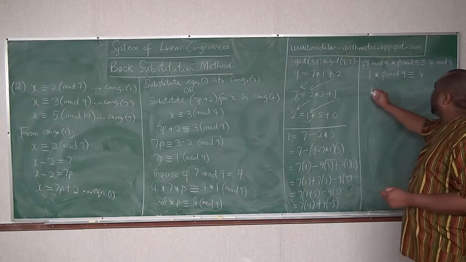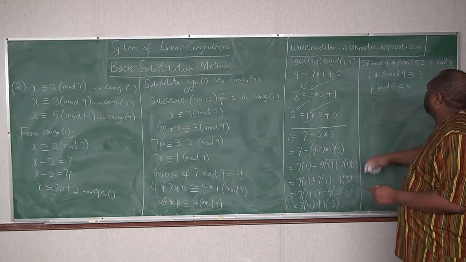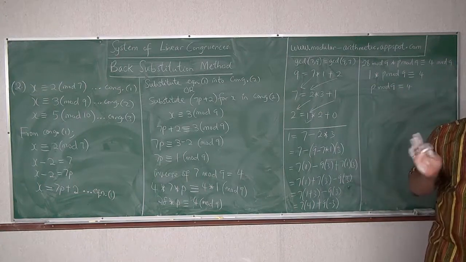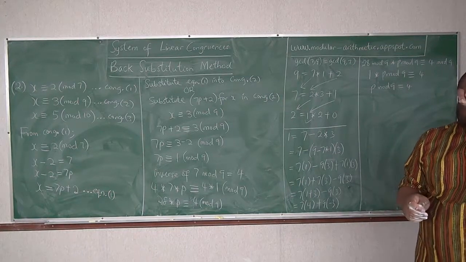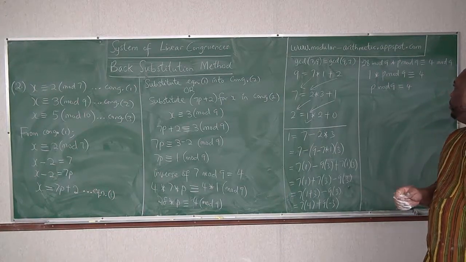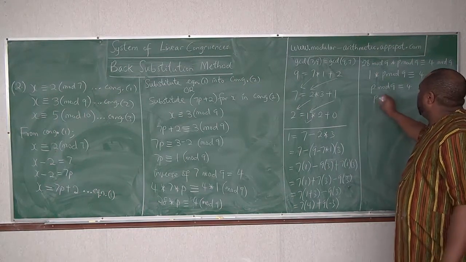So P mod 9 is congruent to 4. So we know that P is equal to 4.